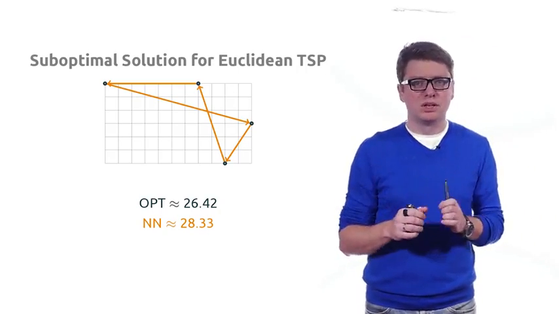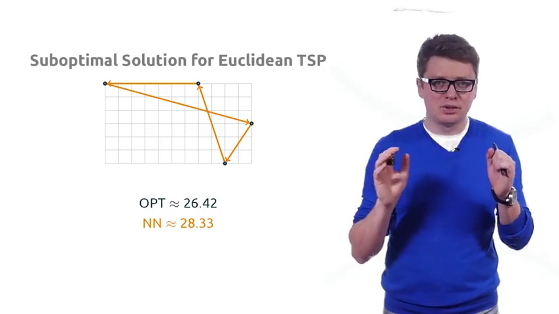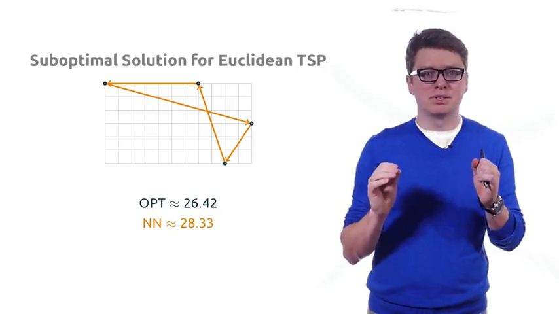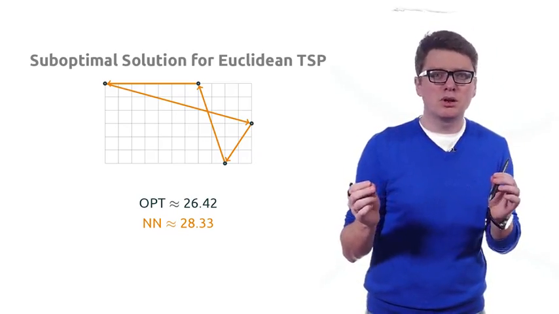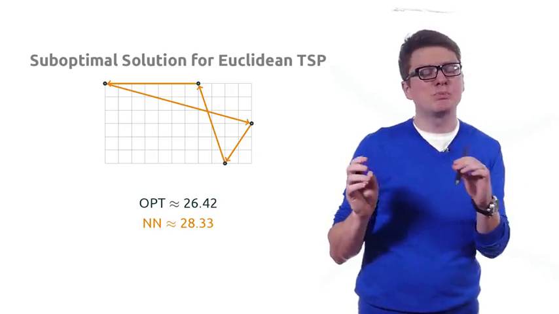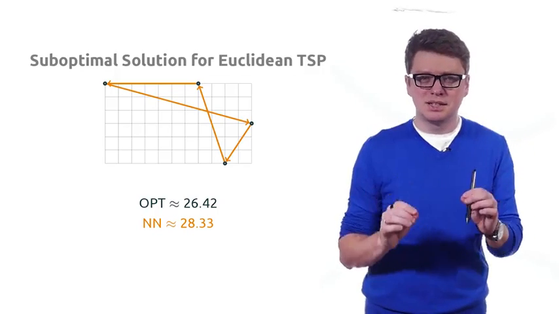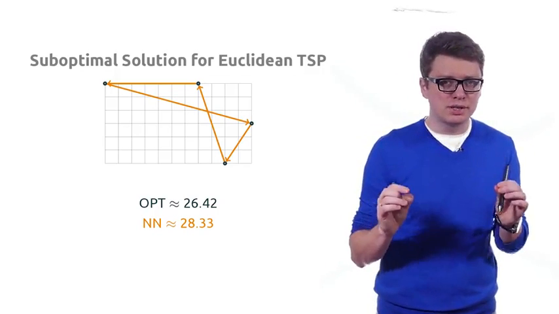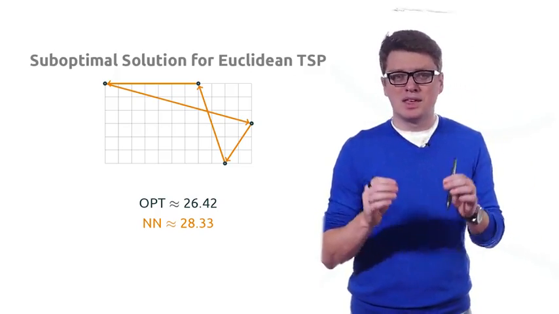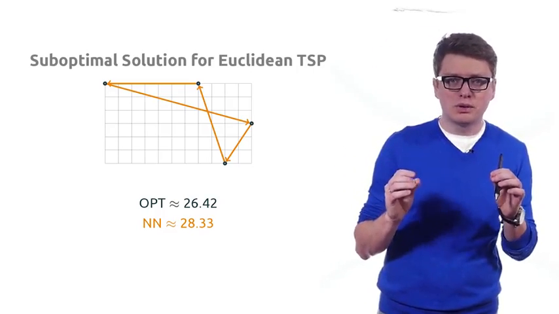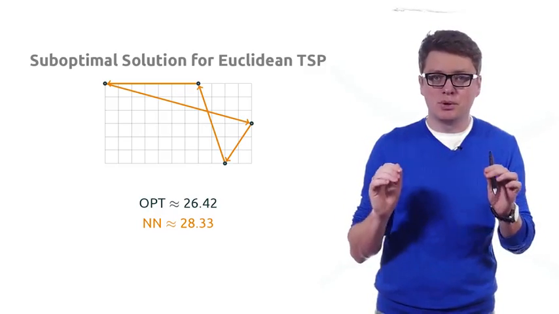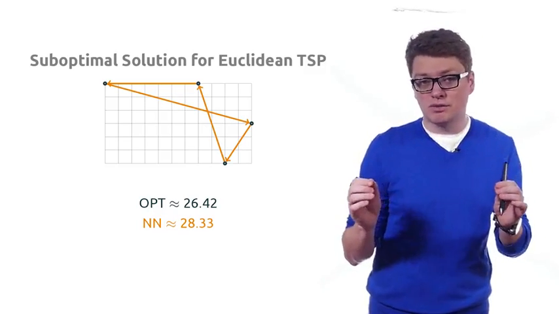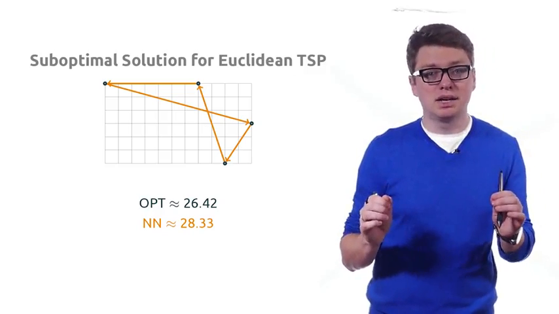So if you are okay that your fast algorithm is going to produce a result which is probably not optimal, but at the same time not much worse than an optimal one, then this could be a reasonable choice in practice. Okay, in the next videos we are going to consider algorithms that are guaranteed to compute an optimal result, but at a cost, of course, of a longer running time.